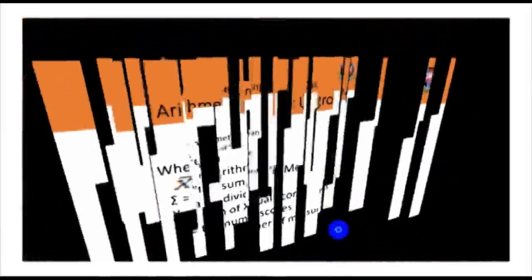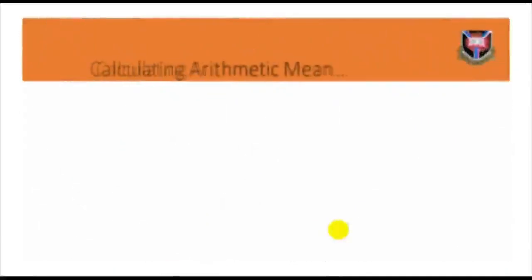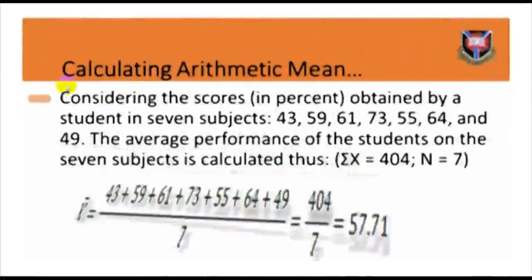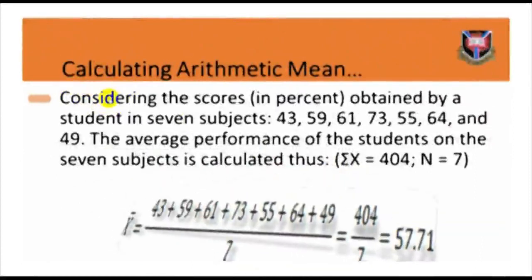Given that the scores in percent obtained by a student in 7 subjects are 43, 59, 61, 73, 55, 64, and 49. The average performance of the student on the 7 subjects is calculated thus.